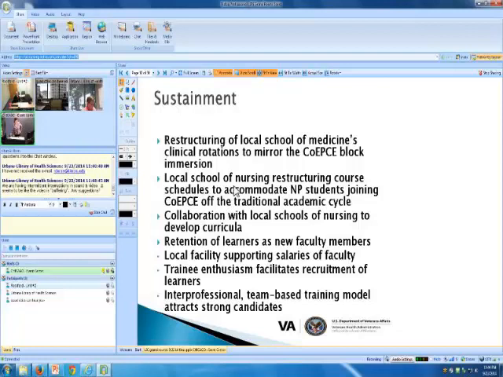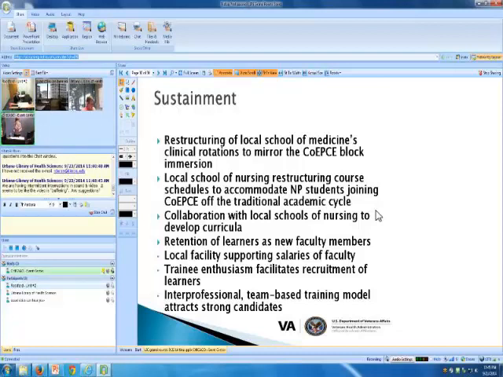Also, we've had the local School of Nursing restructure course schedules to accommodate NPs joining on that off cycle. So they join when the physician residents mostly come on board, July 1. Instead of the end of August or beginning of September, they actually did some crash courses for the NP trainees so that they can start in July.